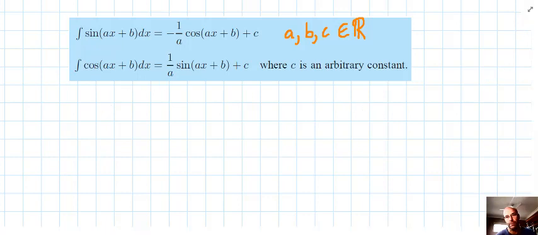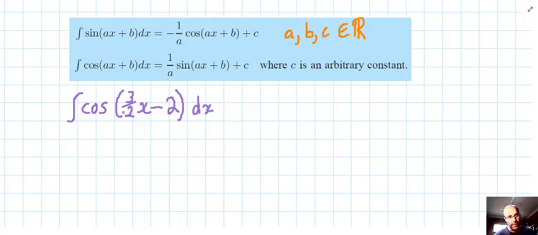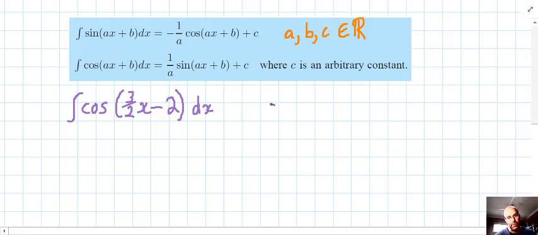We'll do one example. Let's try the integral of cos(3/2 x minus 2) dx. You probably won't need to do this once you've practiced a few, but it's good to see what a, b, and c are explicitly, so we can match it to the formula. So c is just going to be plus c, of course.